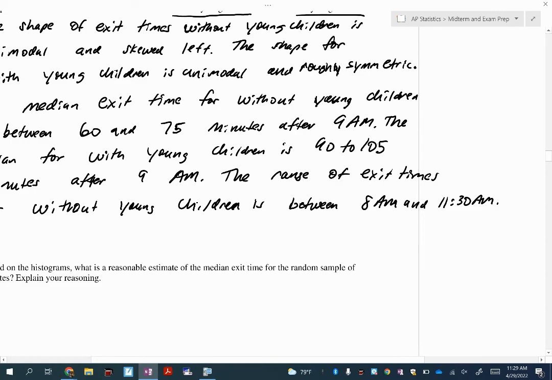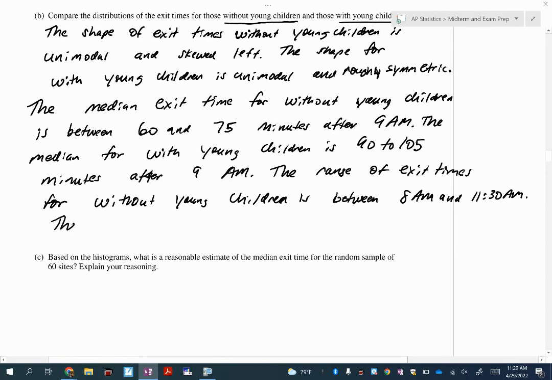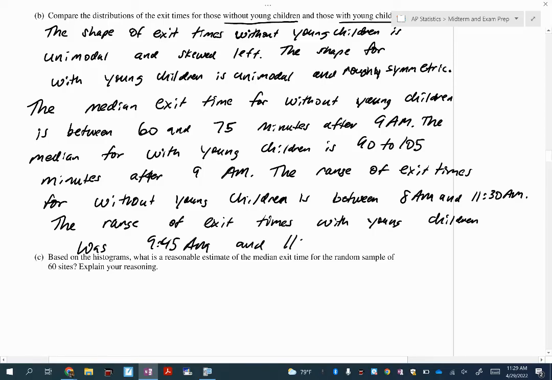And then for with young children, it was 9:45. So again, no one's checking out on time. And 11:30. All right, and that's it.